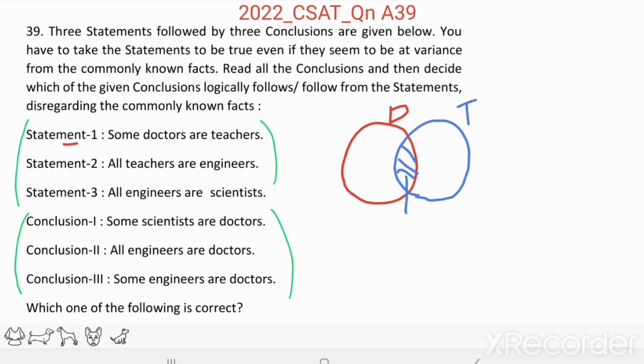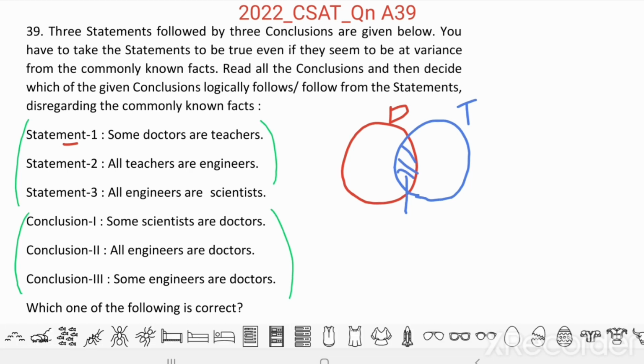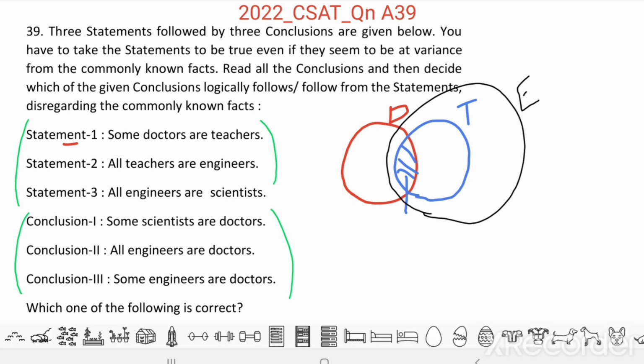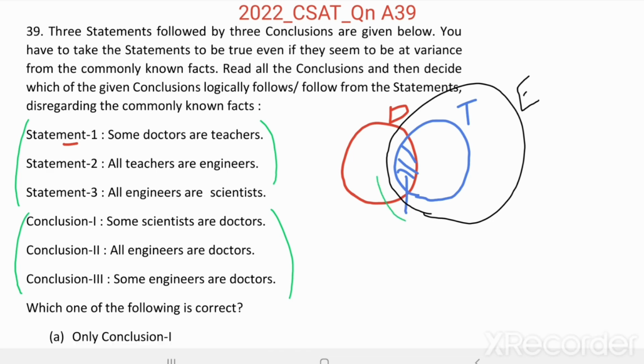Then second statement, all teachers are engineers. All teachers are engineers. Then third statement, all engineers are scientists. All engineers are scientists. Now see the first conclusion.